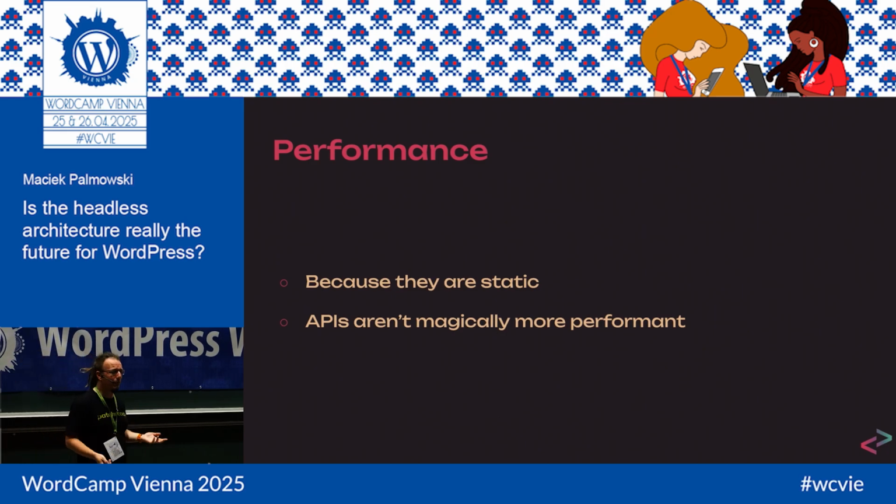Sometimes they aren't fully optimized. But if you start asking the API for a lot of things that won't be that optimized, it still might be slow, because it's the same WordPress. So in short, it's not that Headless will magically turn your WordPress into something more performant. It won't. It will be different. Sometimes worse.